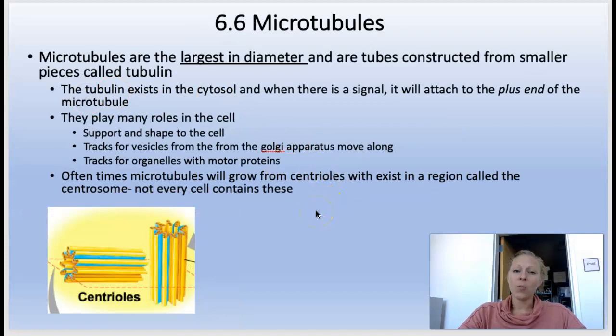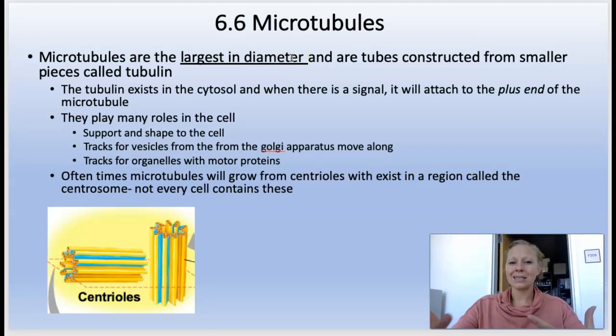So I'm hoping that you just watched that video and we're now talking about microtubules and you have a brief understanding of what microtubules are. They are one of the 3 types of structures that are used in the cytoskeleton. They're the largest in diameter, so they're the one that has a tube shape, and they're made from a protein called tubulin.